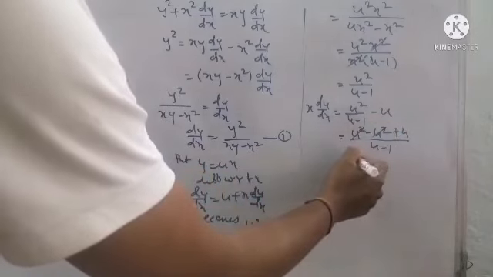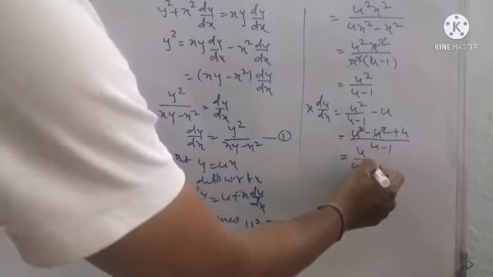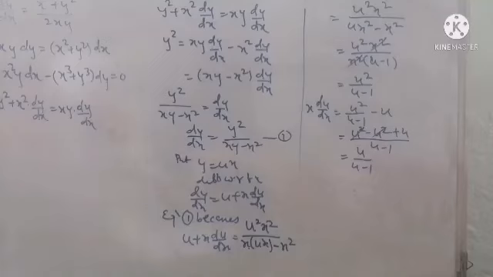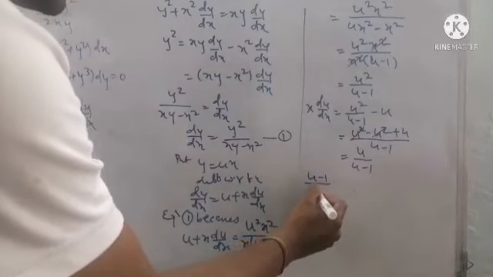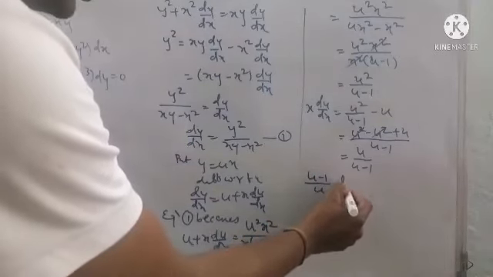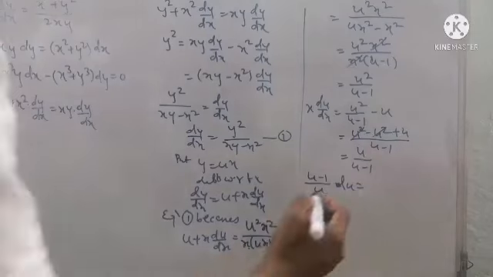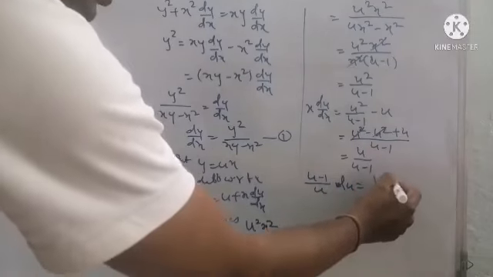U square gets cancelled, now we get u divided by u minus 1. So we take the term of u on the left hand side and x and dx on the right hand side. As u minus 1 comes into the numerator and denominator, you get u minus 1 upon u as du in multiplication. On the right hand side we get 1 upon x into dx.